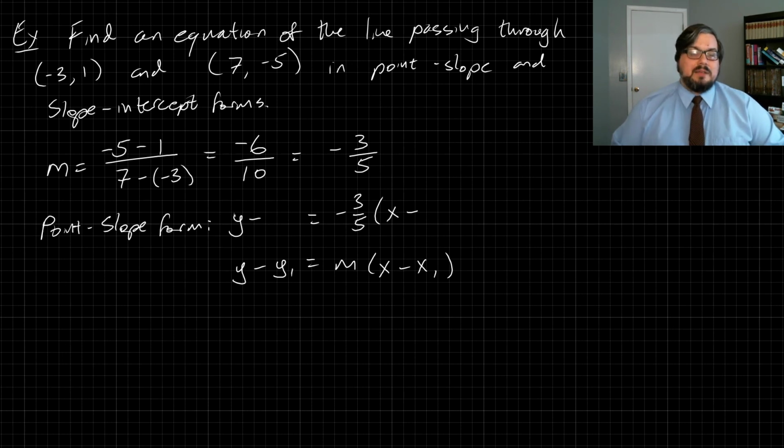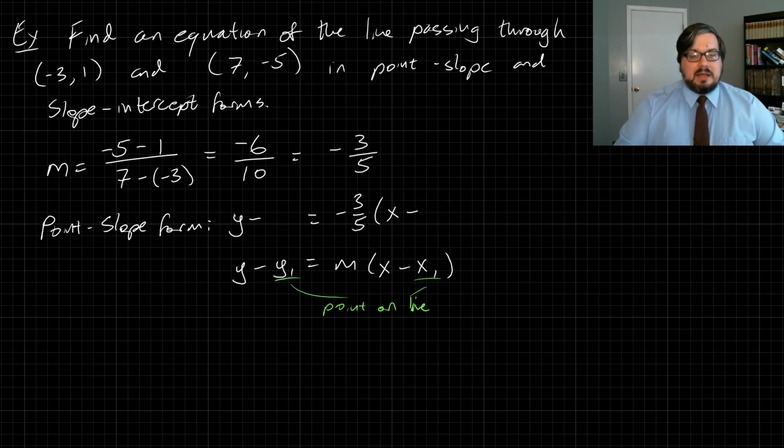And then we need an x1 and a y1. So these correspond to some point on the line. So which point do I use? It doesn't matter. Either one can work. So let me go ahead and do it both ways, and we'll see that it doesn't actually make any difference at the end of the day.